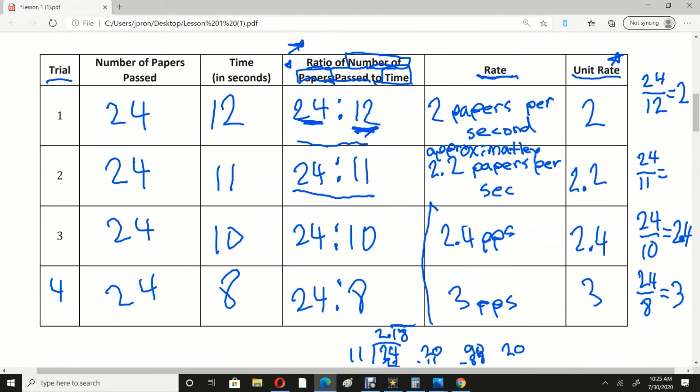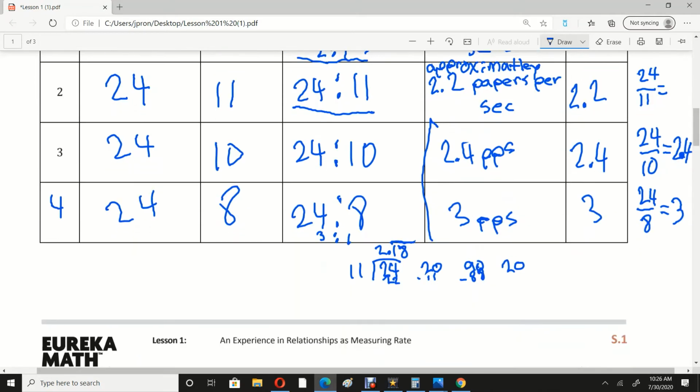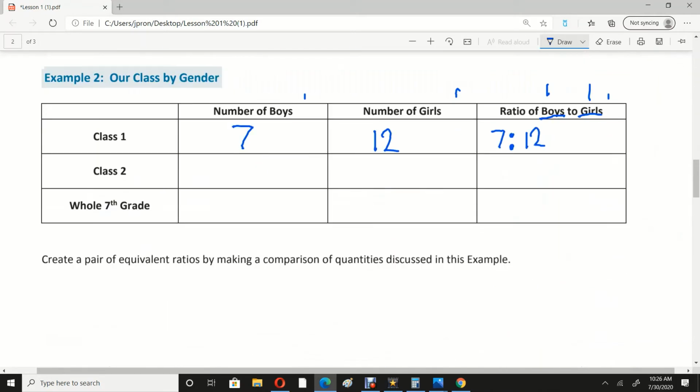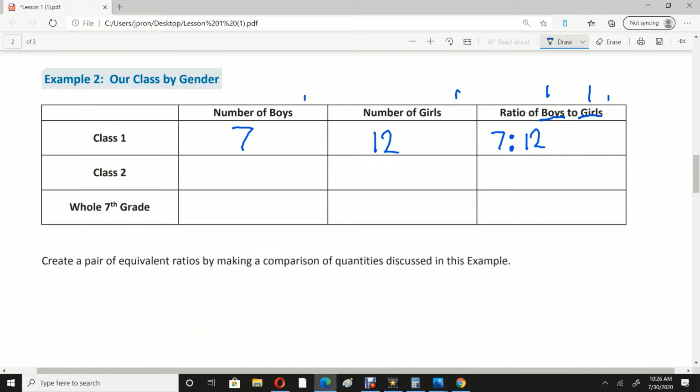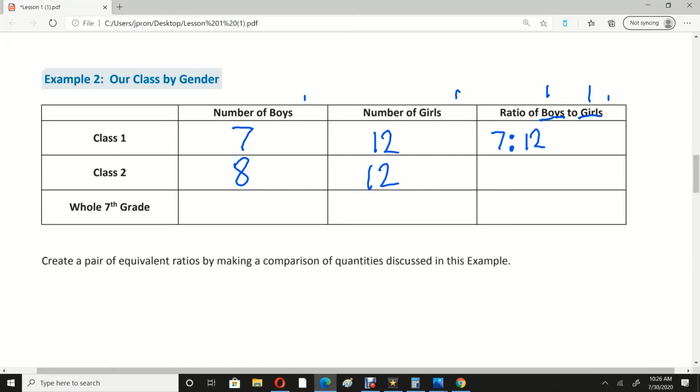So we can simplify this ratio 24 to 12 into 2 to 1. Those are equivalent ratios. And the same thing down here, we could translate this to 3 to 1. All right, so let's come back down to our boys and girls club. And let's just say that there are 8 boys in a class and let's say 12 girls again, right?